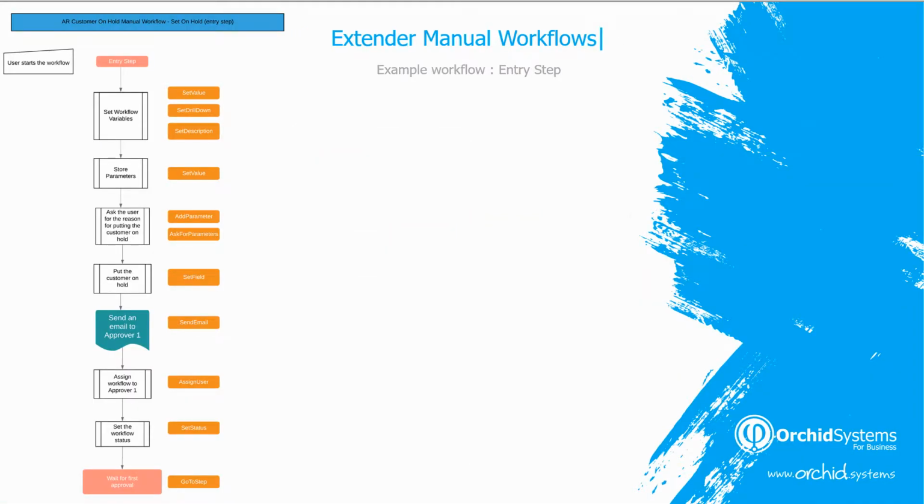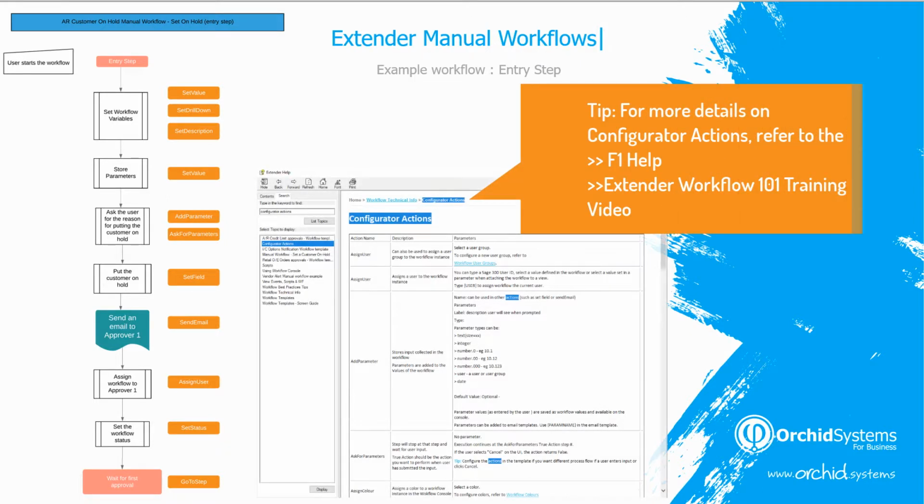And then per step, you need to have a flowchart to say what individual actions you want to do as part of that step. For our entry step set on hold, we've got this following flowchart. We're going to set some workflow variables to set the value, set the drill down, and set the description on the console. We're going to store the parameters.